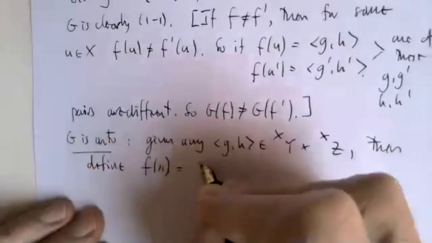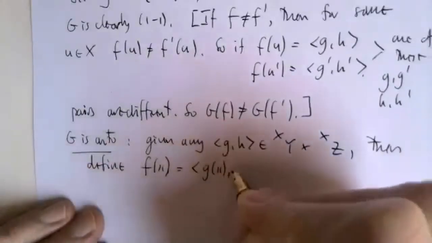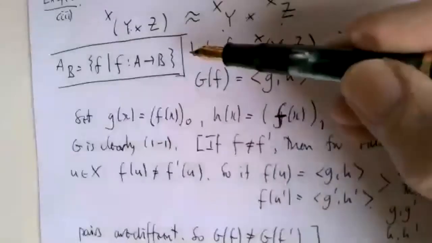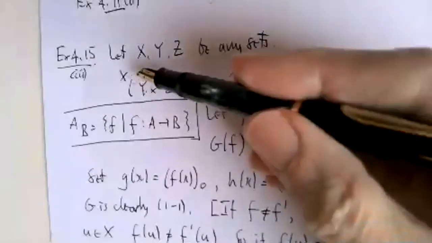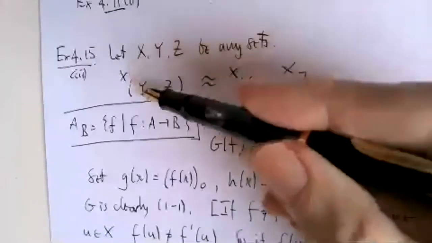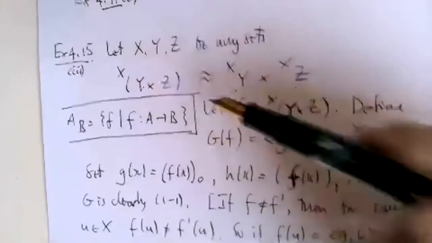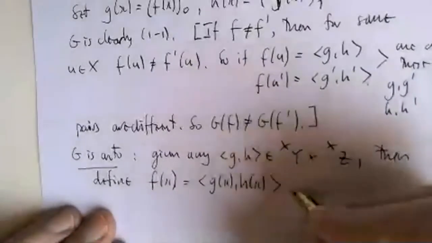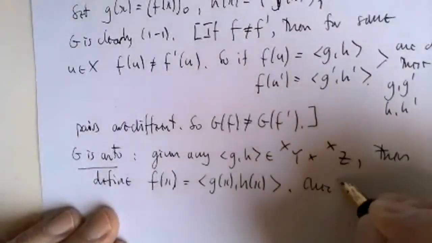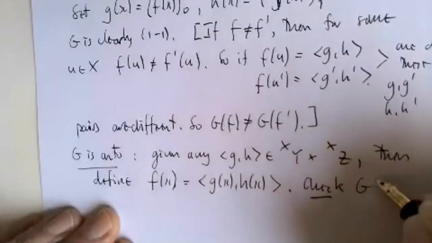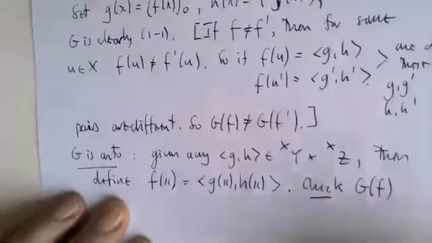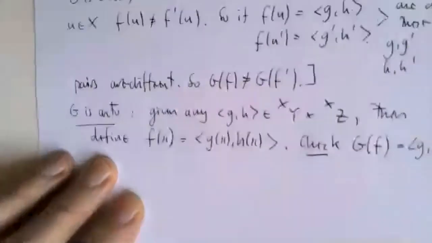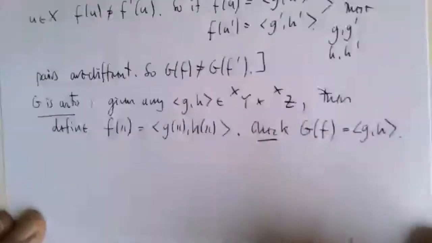So we'll define f of x to be the pair gx, hx. Then it's doing the right kind of thing. It's taking an x and it's returning an ordered pair, first thing from y, second thing from z. So you can then check that with our definition, G of f is gh. By design, by construction.